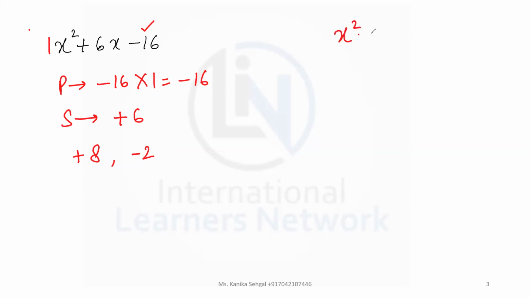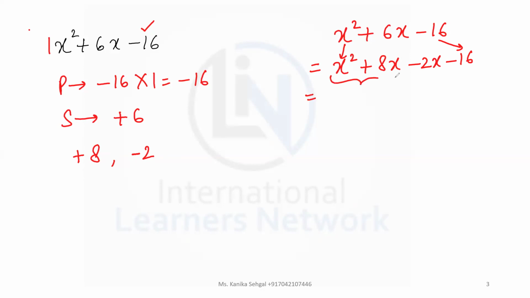So we have x square plus 6x minus 16. That can be written as x square plus 8x minus 2x minus 16. The first and the last terms remain the same, and 6x can be written as 8x minus 2x, which we have already discussed in the first step. So now we'll take x common from here. We are left with x plus 8. And in this case, we want to repeat the bracket here. We need x plus 8 again.